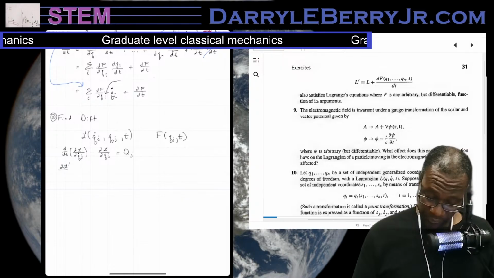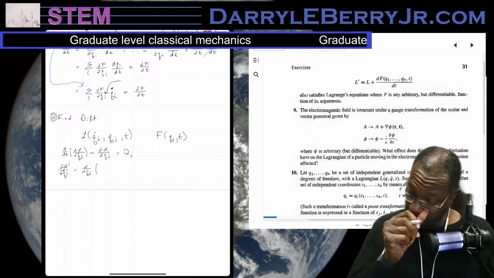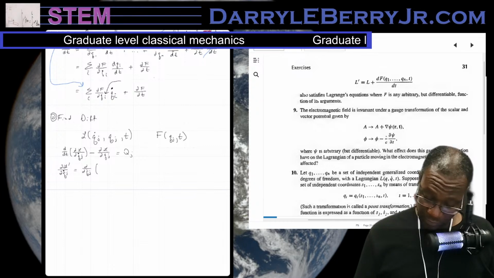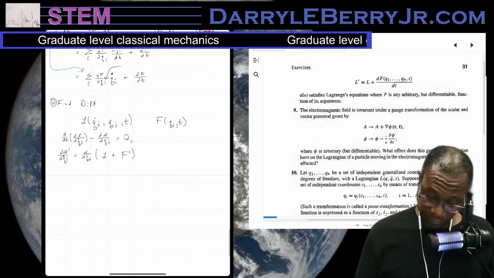Partial L prime over partial q dot j equals partial q dot j of L plus f prime.